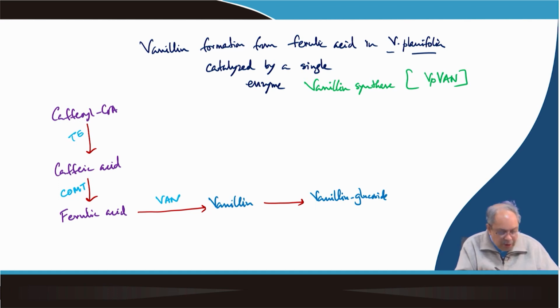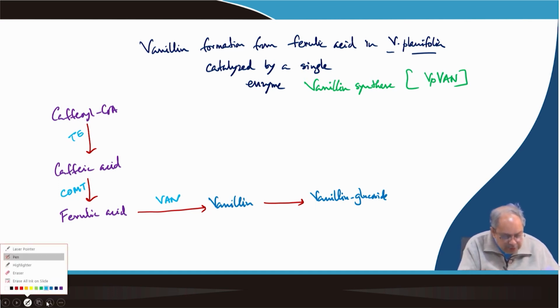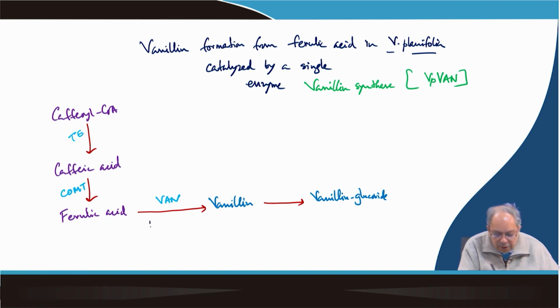And they also propose that this is likely a hydratase lyase type of enzyme. So, I put here hydratase lyase, and then subsequently this is converted into vanillin glucoside.